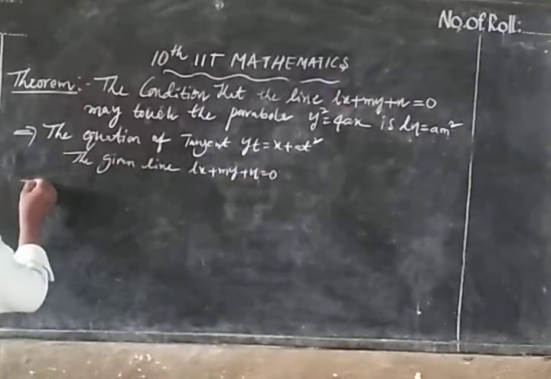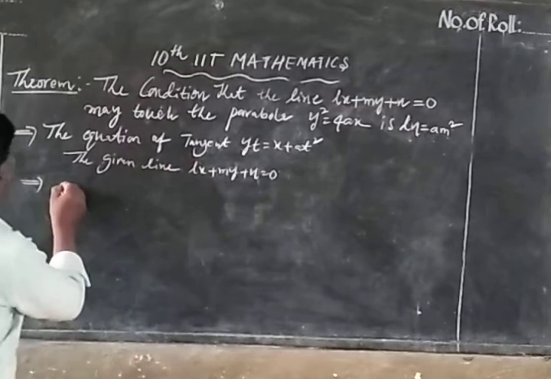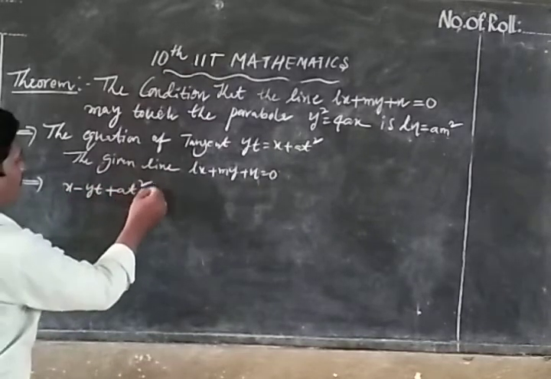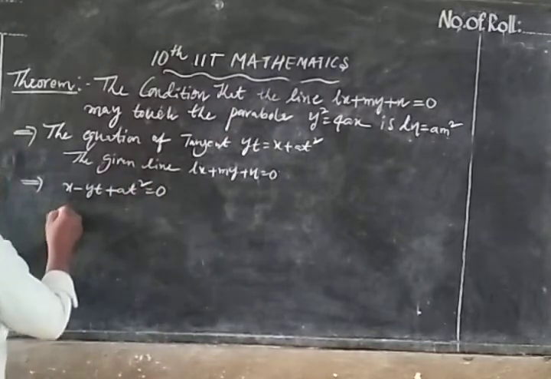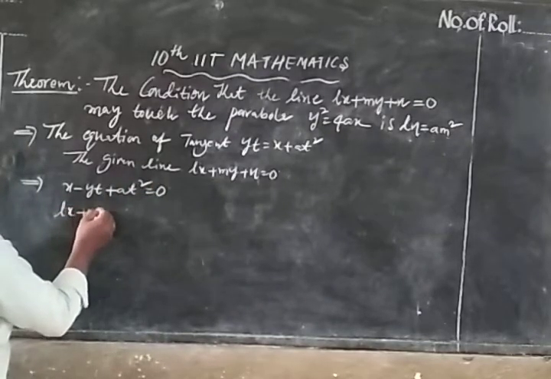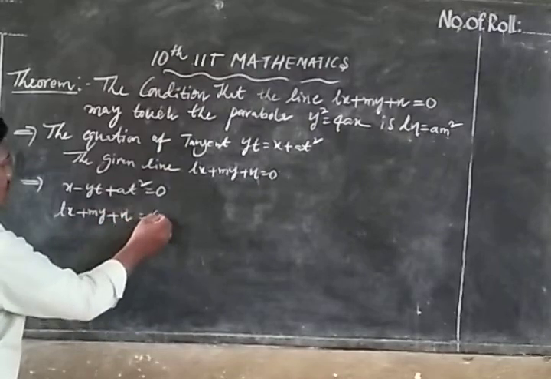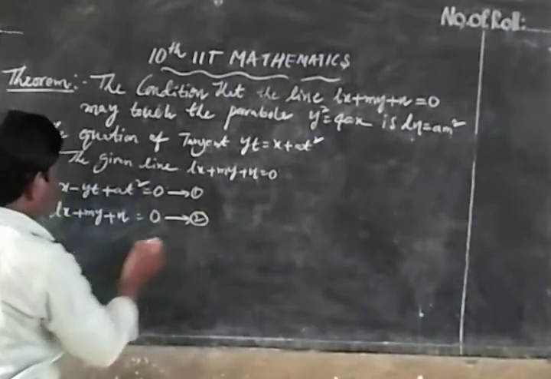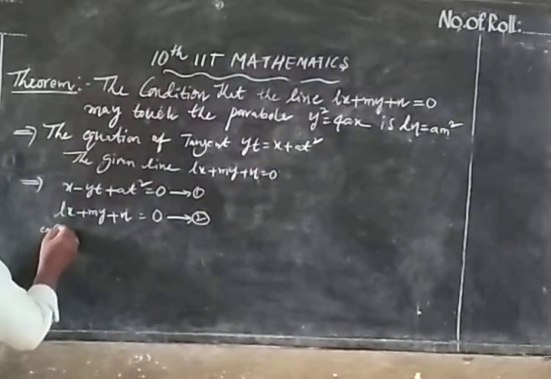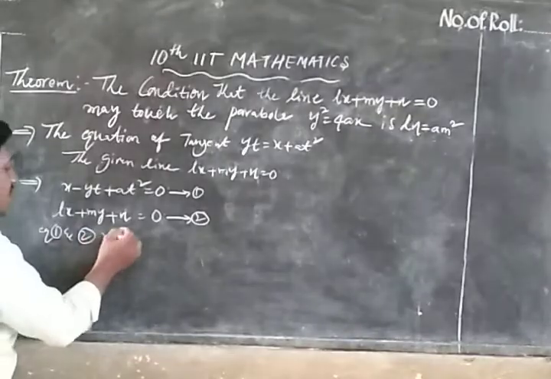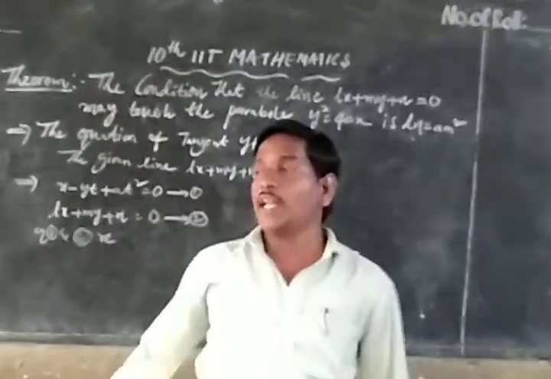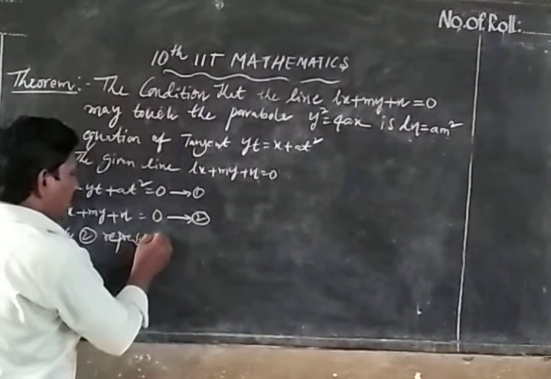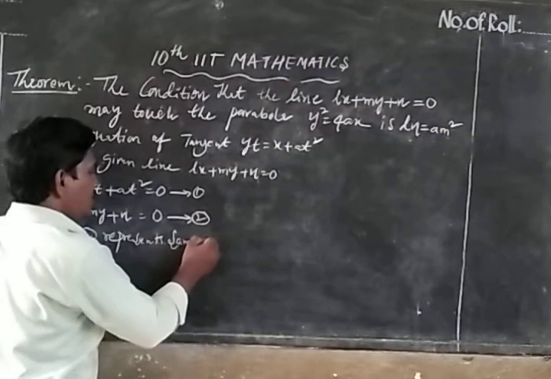Now this is x minus yt plus at square equal to 0. This is equation 1, this is equation 2. Equations 1 and 2 represent the same line.